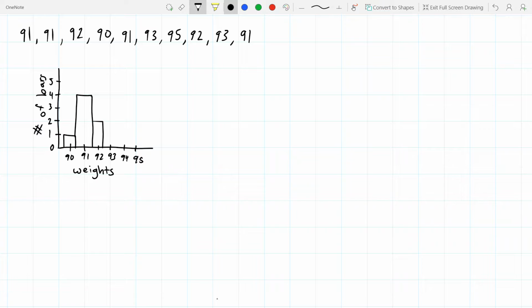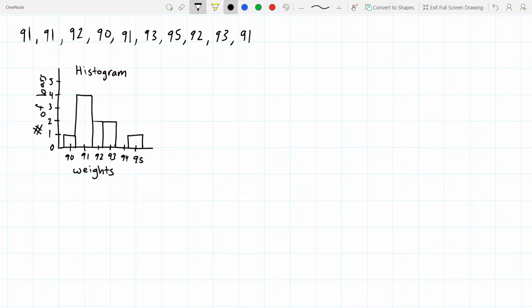At 93, we again have 2 bars. 94, we don't have any bars. And 95, we have 1 bar. Okay, so this is a histogram. And it tells us at every weight how many chocolate bars we have at that weight.